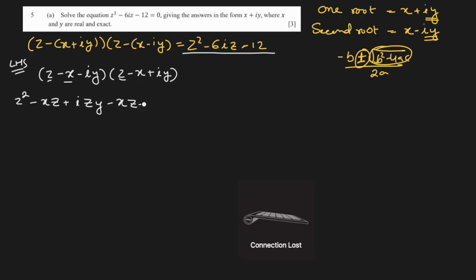Minus x times minus x is x square. Minus x times iy will be minus ixy. Minus iy times z is minus iyz. Minus iy times minus x is, rather, positive ixy.